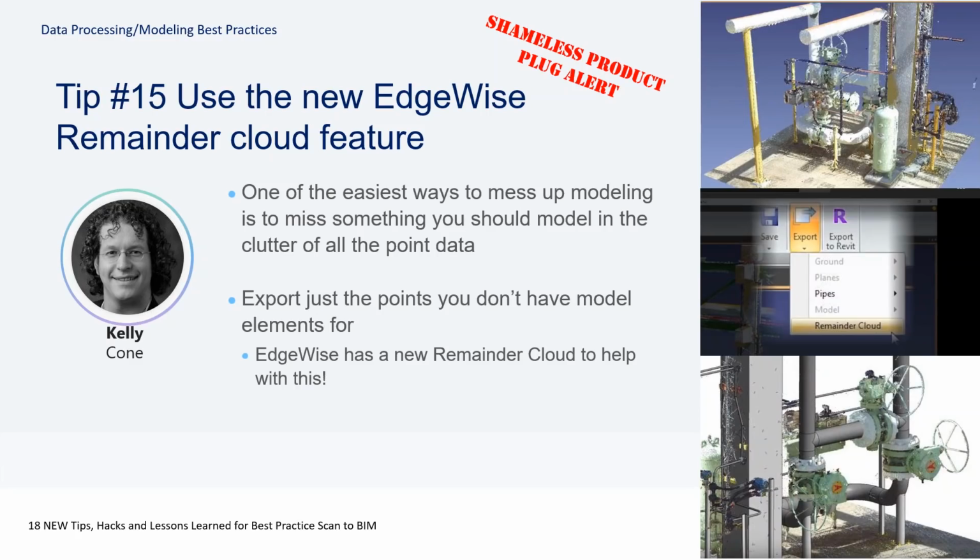So if you've got all the piping, walls, ductwork and things like that modeled, you can export out a point cloud of whatever's left. That way, when you go into Revit to finish out the model and put in equipment and other items, you don't have all the point cloud data. You have just the point cloud data you have left to model. So that's what I was referencing there.